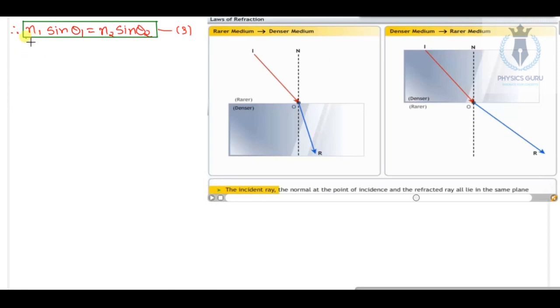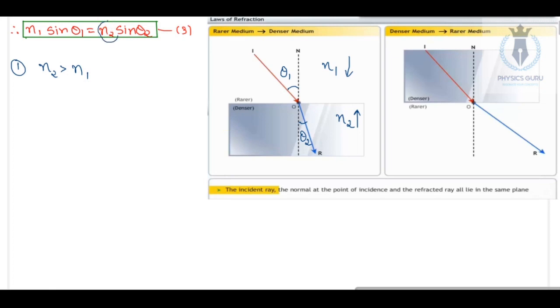Now we learn this thing from this equation. We say this is medium 1, so its refractive index is n1, and this is medium 2, so its refractive index is n2. This angle is theta 1 and this angle is theta 2. As this medium is a rarer medium, the value of n1 is less than the value of n2. So in the first case, if the value of n2 is greater than the value of n1, that means the light ray is incident from an optically rarer medium to a denser medium.